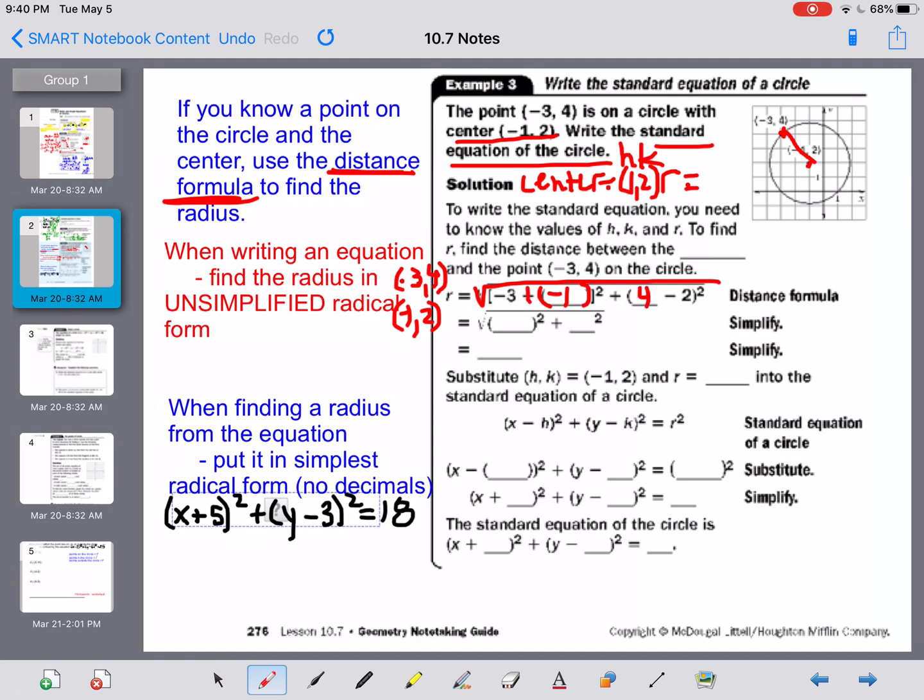Well, minus a negative becomes plus, -3 plus 1 becomes -2 squared. 4 minus 2 is 2 squared. Always square before we add. -2 squared is 4, 2 squared is 4. 4 plus 4 is 8, so I have the square root of 8 for my radius.